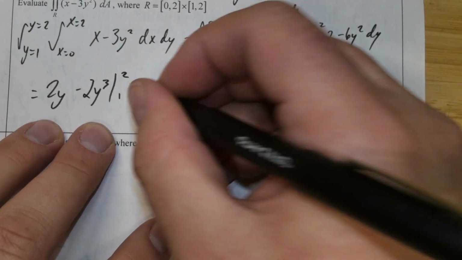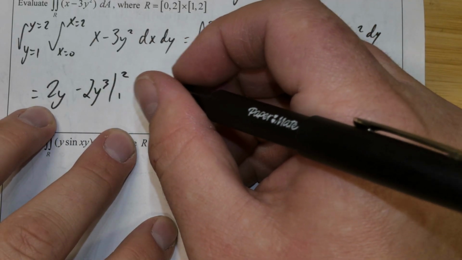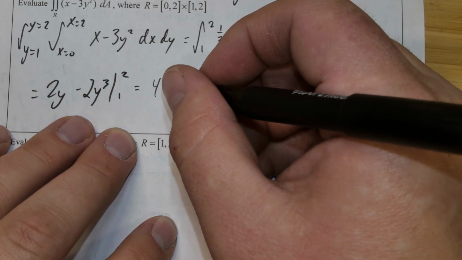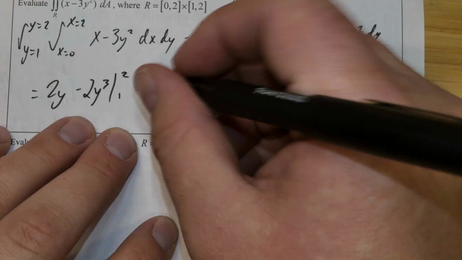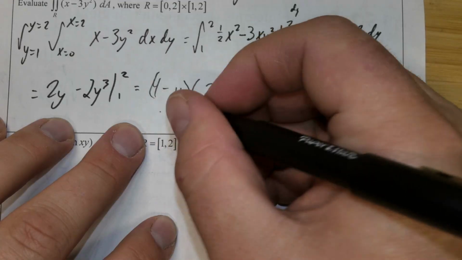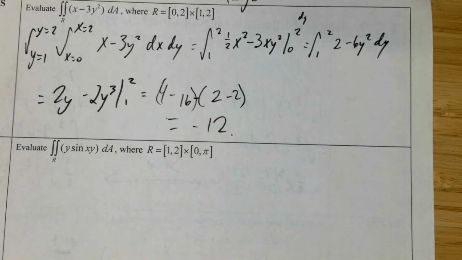And evaluate this guy. It's going to be 4 minus 16 minus 2 minus 2, that's 0. So my final answer is negative 12.